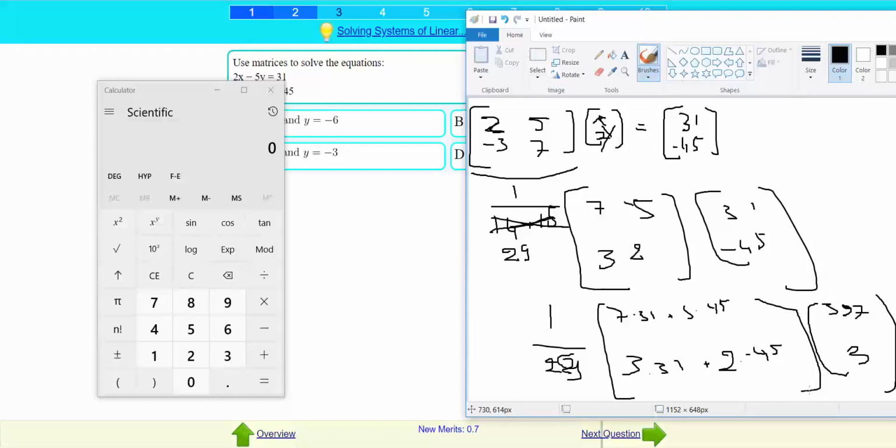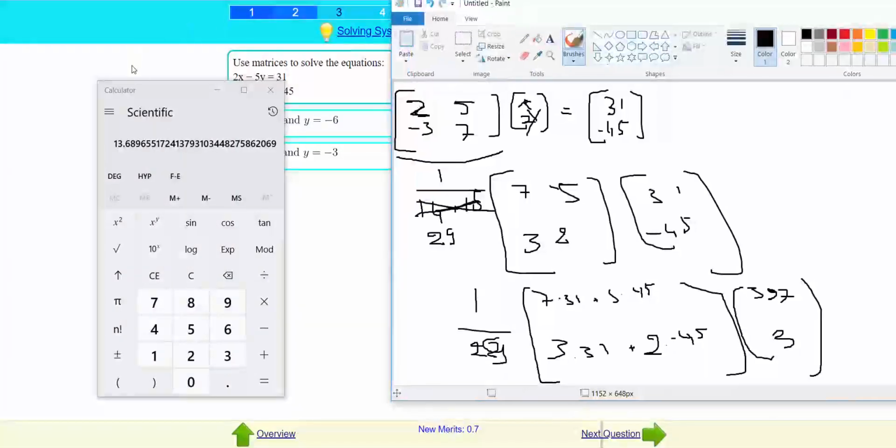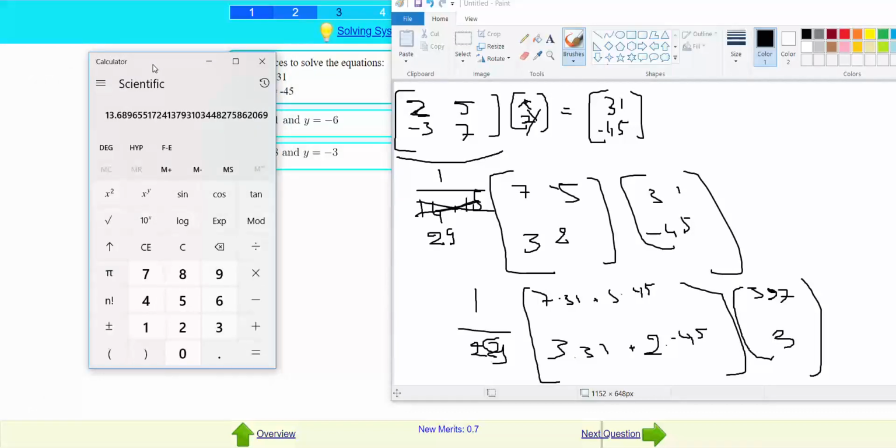So let's do 397 divided by 29. That's 13 point something as a fraction, and none of the answers here actually provides us with a fraction. So we've done something wrong with our calculations. But I'm pretty sure the second one might be correct.